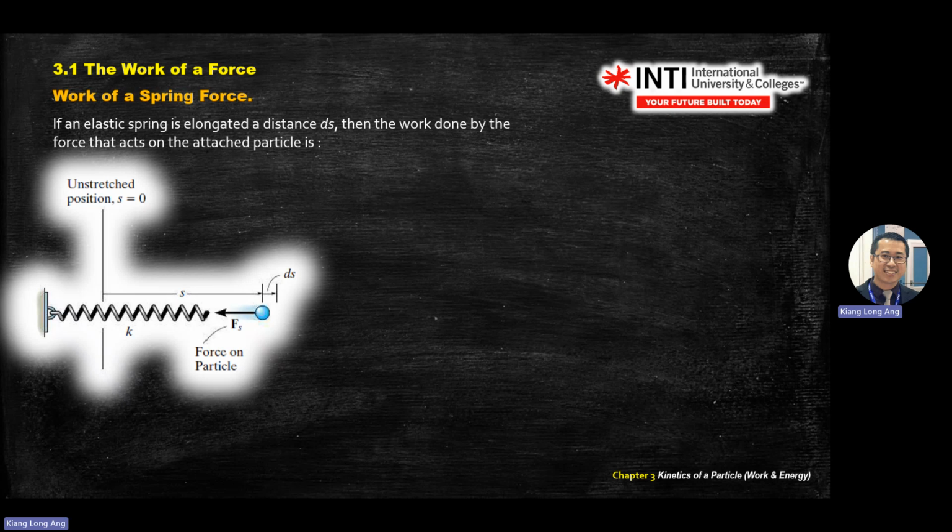In this case, you focus on the object. This is the datum. When unstressed, your x equals 0, right? But when you press the particle in, you press the particle in.